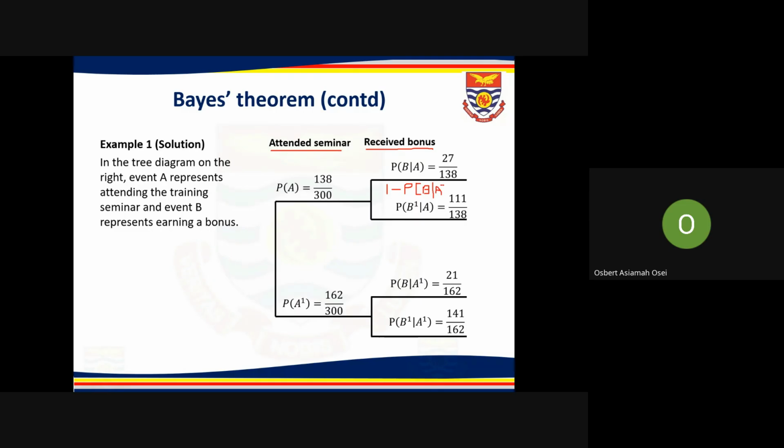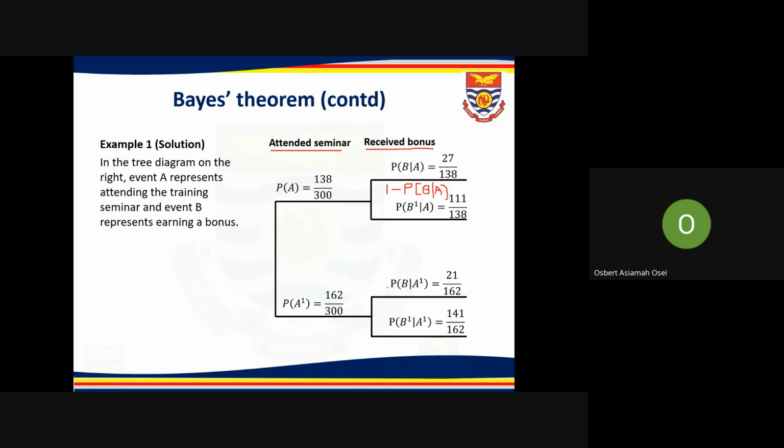So we essentially just subtract this from 1, and we have 111 on 138. So you may want to jot this formula down, really important. B and B complement, given that A has already occurred, when you sum, you should get 1. So if you have one and you don't have the other, you just subtract the other from 1 and you get it. Now we have the probability of A not occurring, which we set up as this.